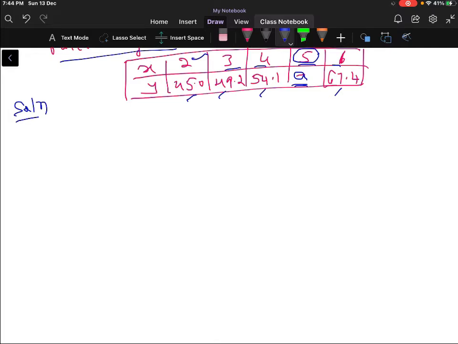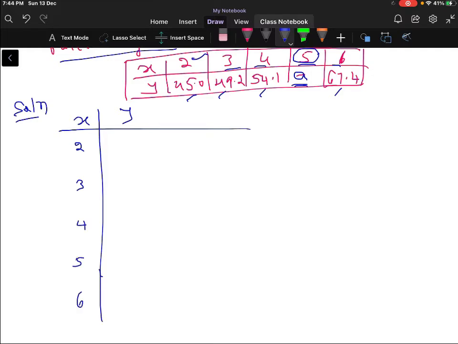To find the value of a, we use the forward difference table. Let us consider the x values. X values are 2, 3, 4, 5, 6.